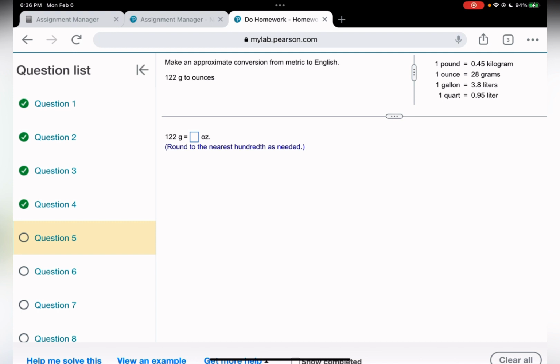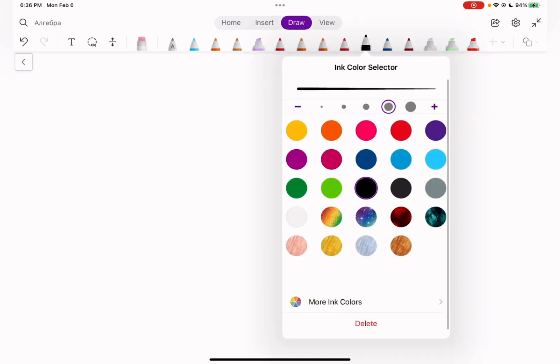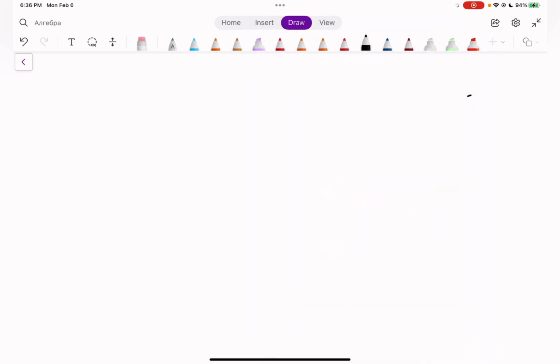Let me explain, maybe I can put some proportion, it will help you. So if 1 ounce is 28 grams, this proportion I'm making is going to help you with any conversion.